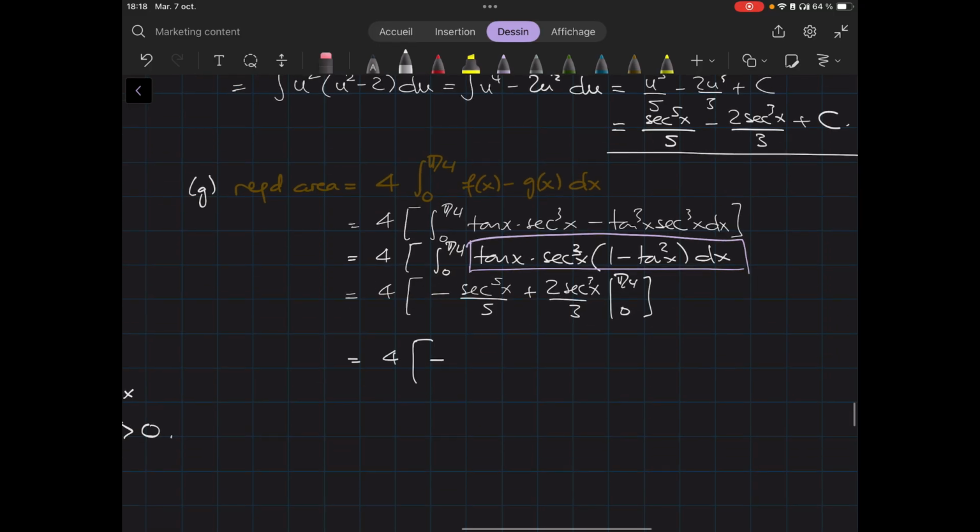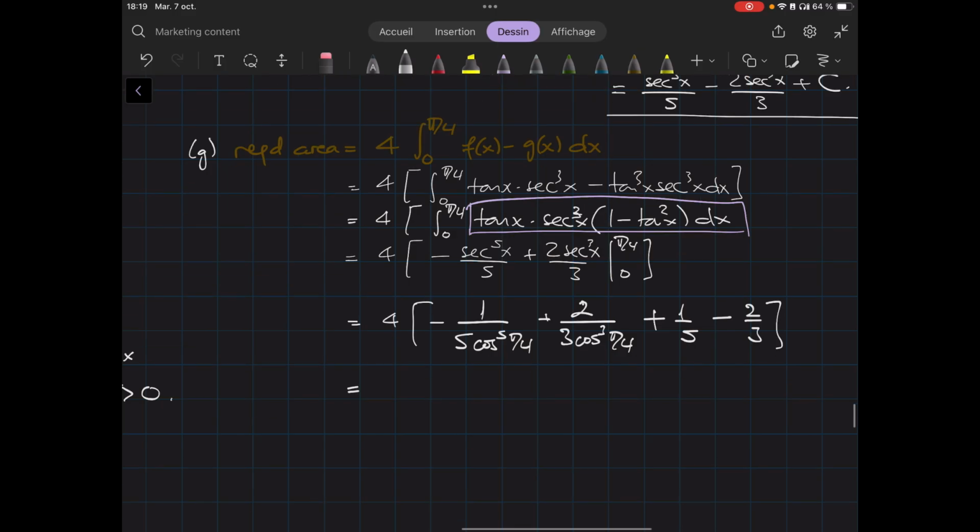So you would get 4 times negative secant of pi by 4, so 1 divided by cos to the 5 of pi by 4, plus 2 divided by 3 cos cube of pi by 4, plus 1 by 5 minus 2 by 3.